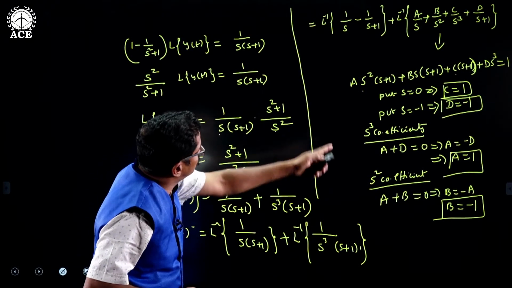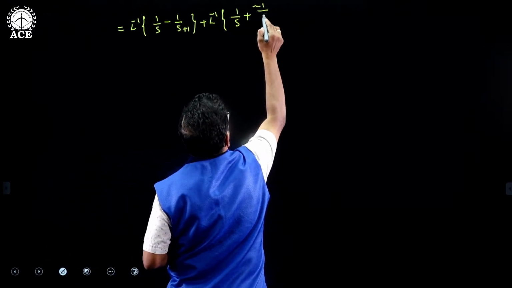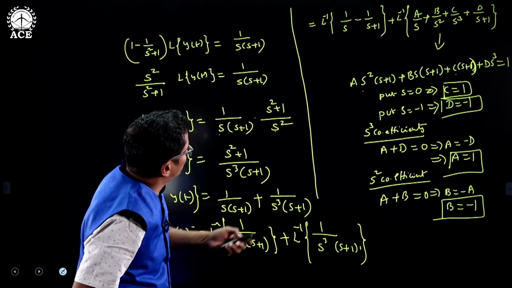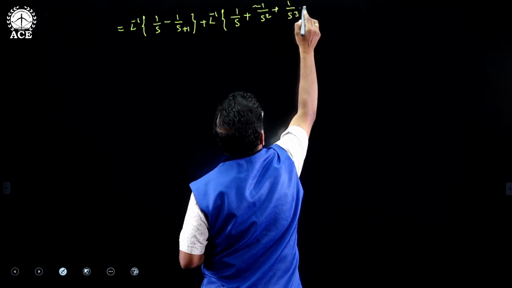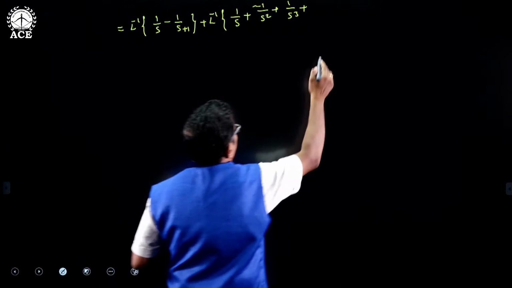B means how much we got? Minus 1 by s square. Plus c is how much? 1 by s cube. And d is minus 1 by s plus 1.